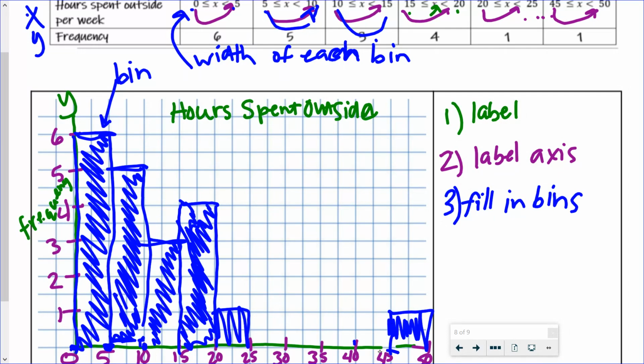Now I'm already noticing that that value seems like an outlier, because it is way, way, way far away from the rest of our data. We're not going to take the time right now to look at how to find outliers on histograms. If you are interested, please let me know.